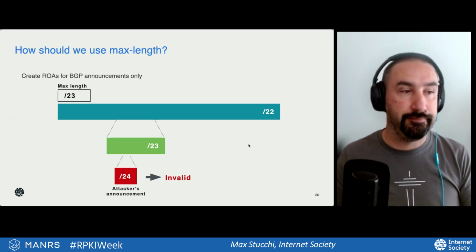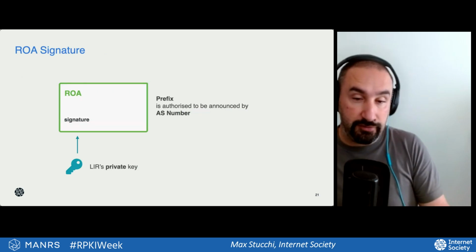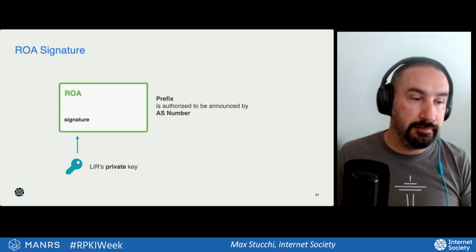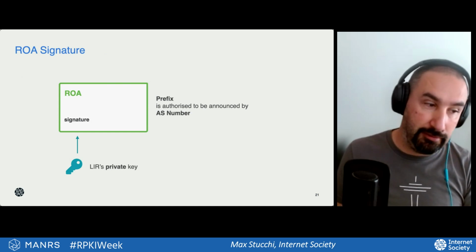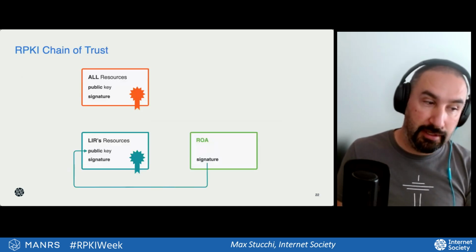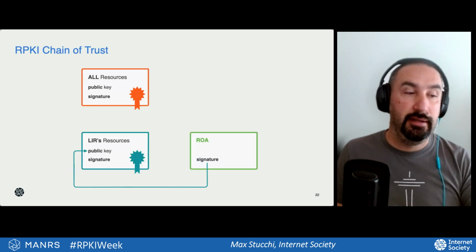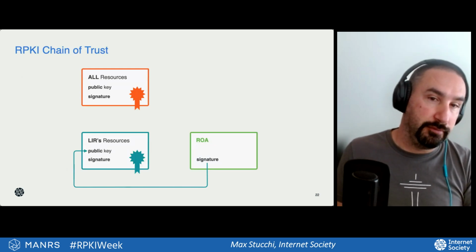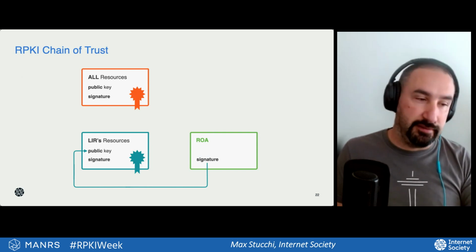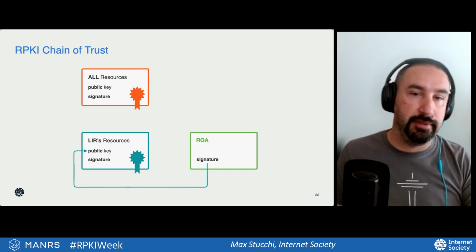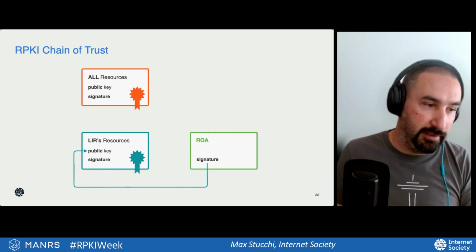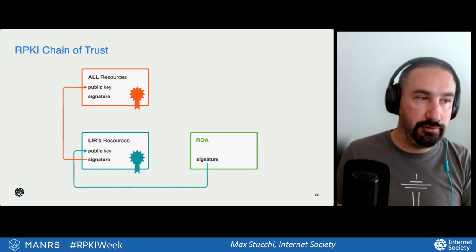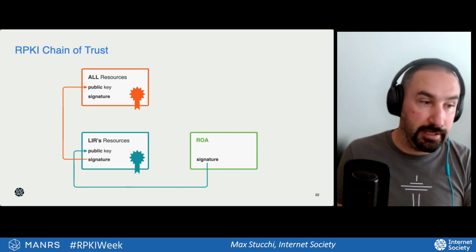this case, the one that I was showing here with malicious attackers being able to announce your address space and RPKI not catching it. So we have this ROA, and we've seen the content of a ROA. Now it gets signed with the private key of the LIR, and the signature gets propagated. There's the signature that comes from the CA, from the local CA, from the LIR, and then this is also covered by the signature from the root, from the RIR.